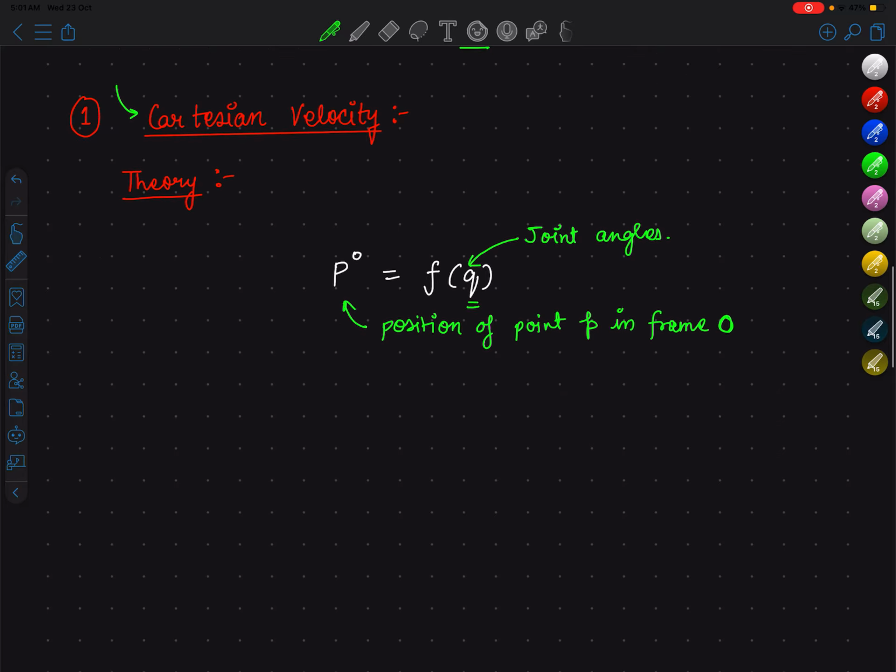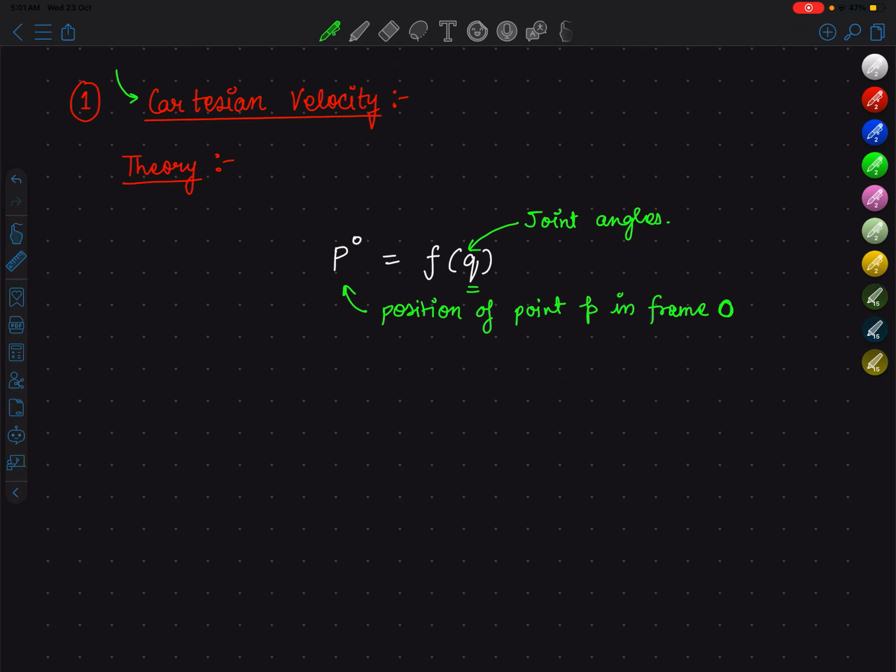Now we know this f is a vector of functions. So let's try to write its Jacobian. Let's differentiate both the sides with respect to time. So dP0 by dt is equal to d by dt of f of q.